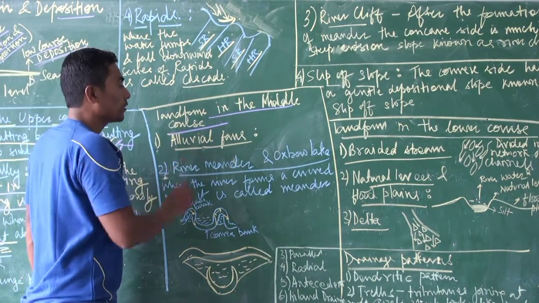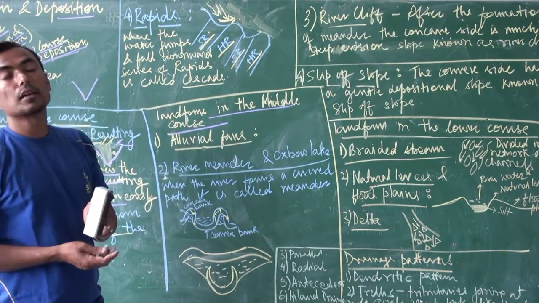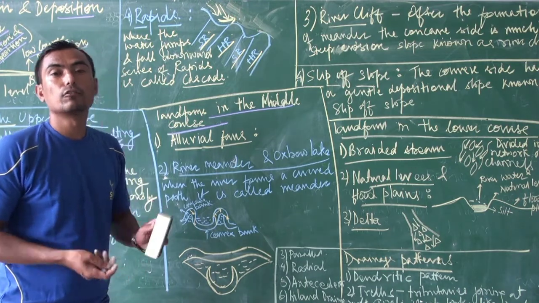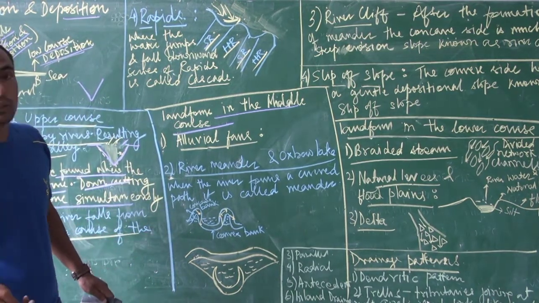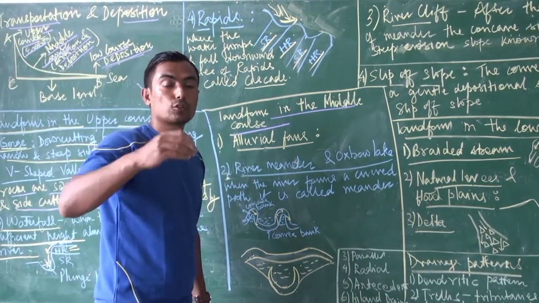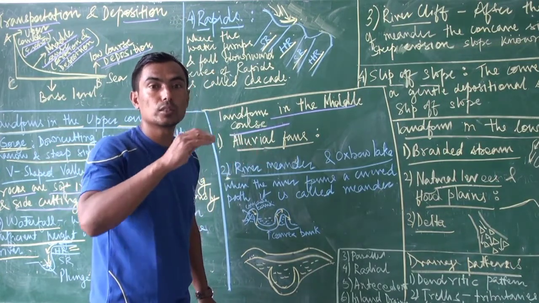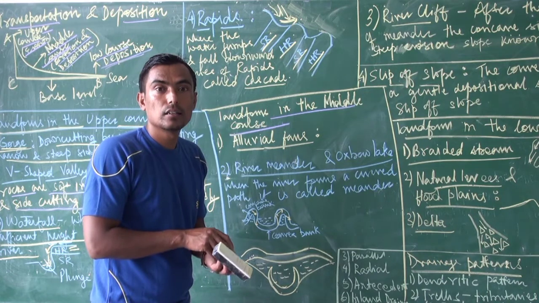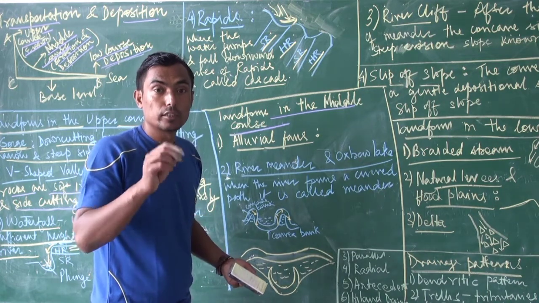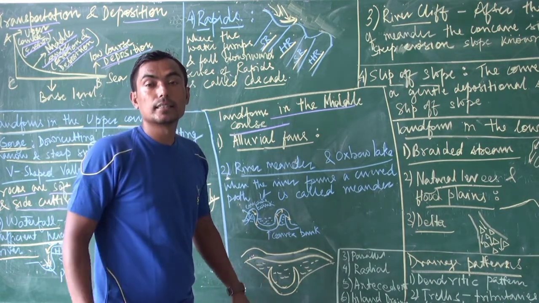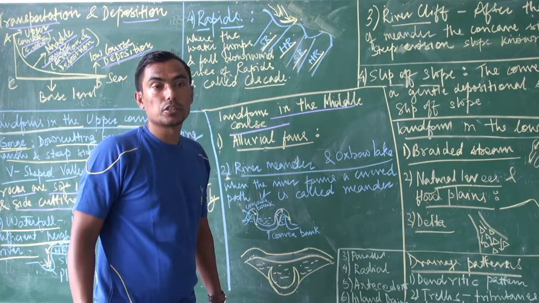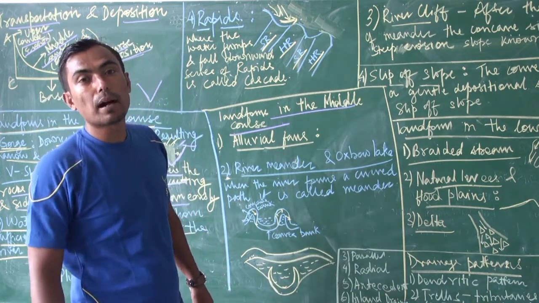Now, this alluvial fan comes into existence especially at the foothills, because as I've already told you, the river flows from the higher elevation and enters the plain, and those areas are called the foothills. One of the best examples here is after crossing Coronation Bridge or that place called Bakpur.